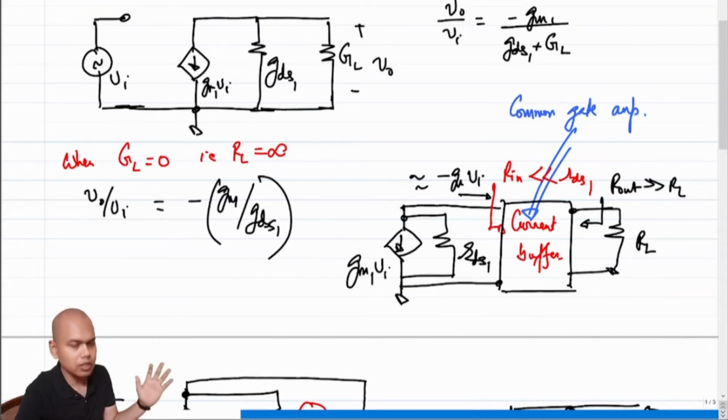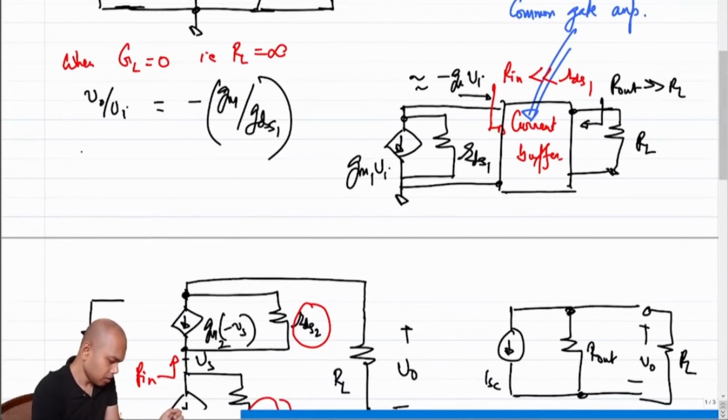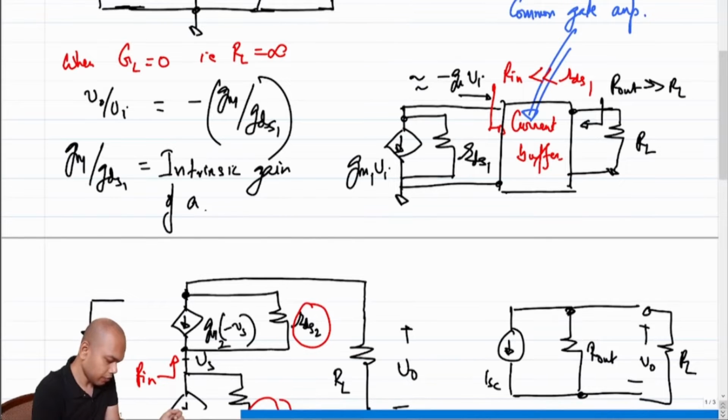So even in the absence of RL, you are going to get a finite gain, and this gain, which is limited by the characteristics of the transistor itself, is an intrinsic property of the transistor, and we call GM1 over GDS1 the intrinsic gain of a transistor.